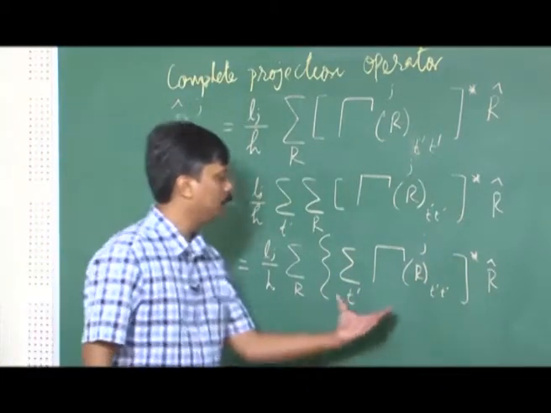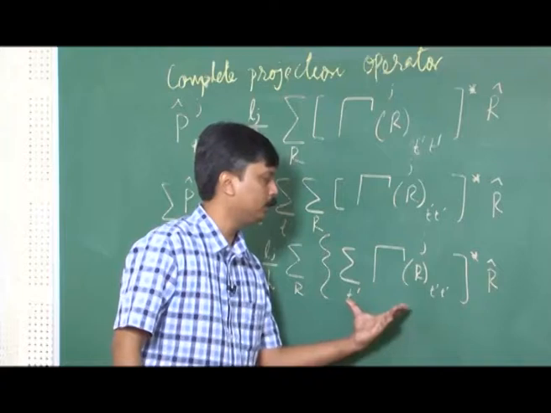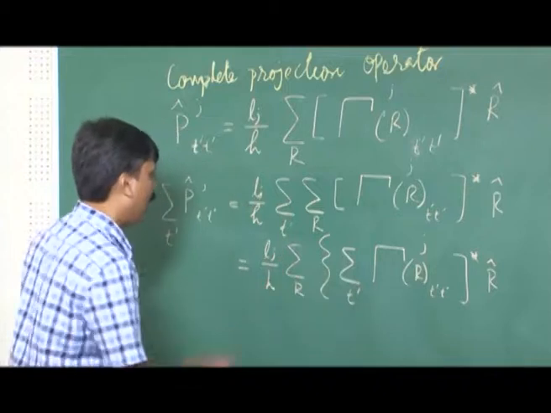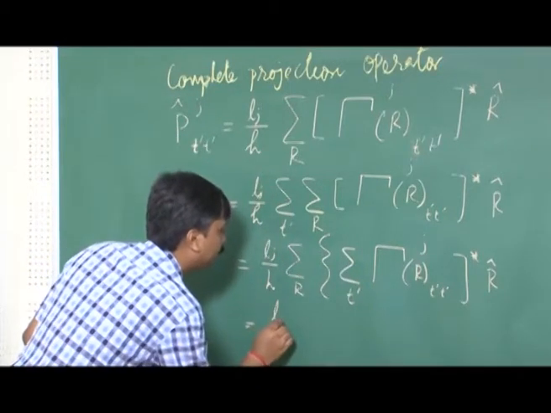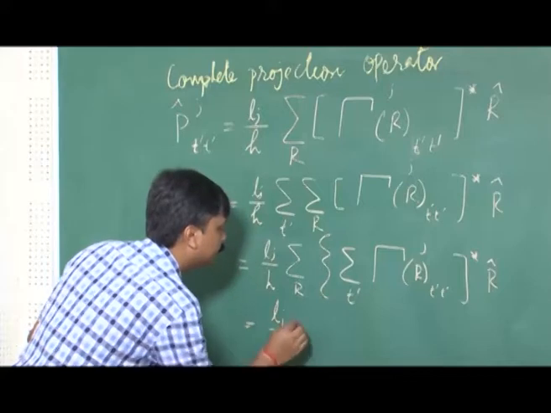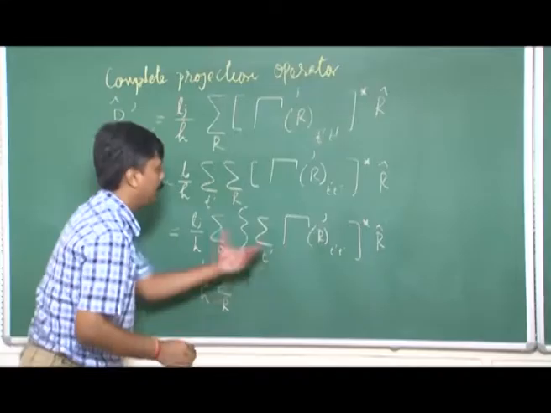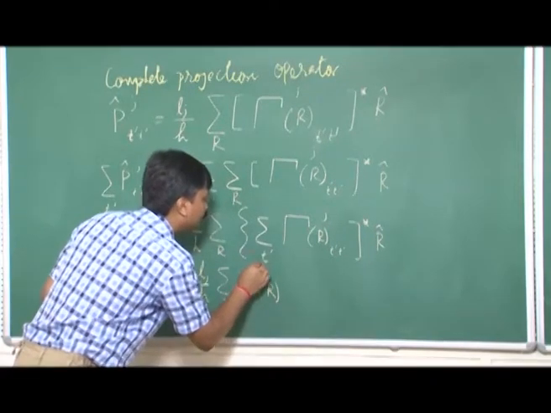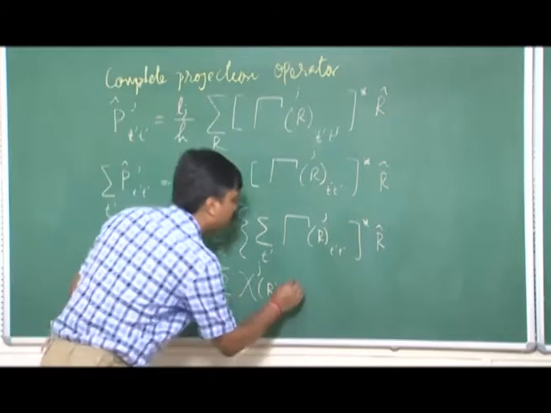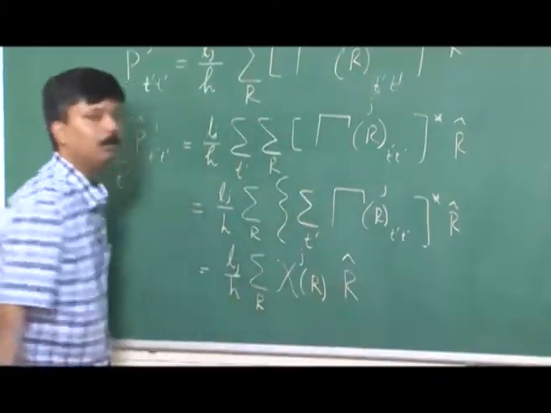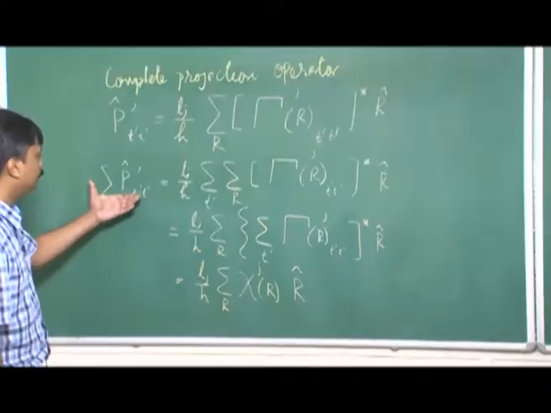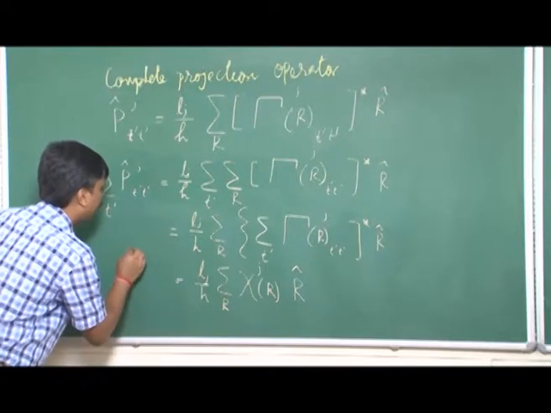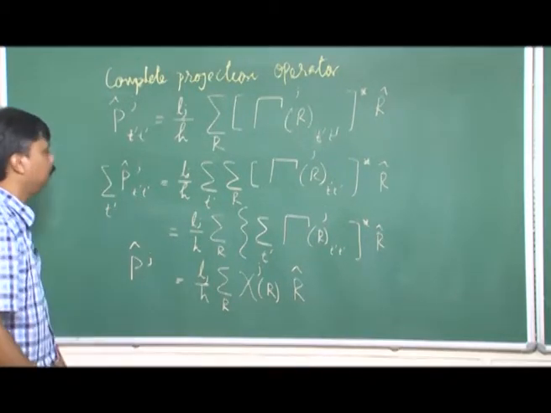Correct. Now this corresponds to the character of this jth irreducible representation. So I rewrite this as Lj by H sum over R, and this one is chi of R for the jth irreducible representation, followed by the symmetry operation. And this particular one we can write as Pj simply, correct?